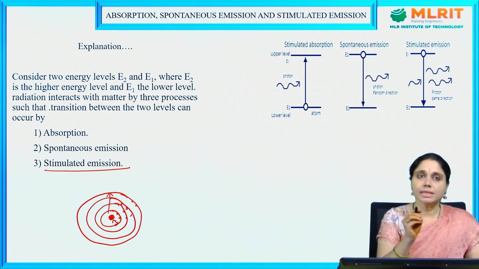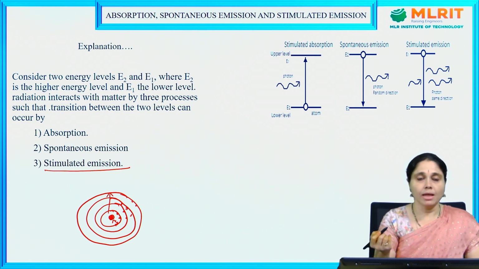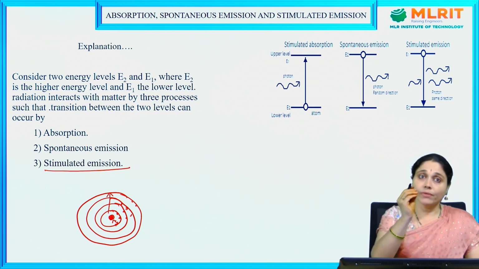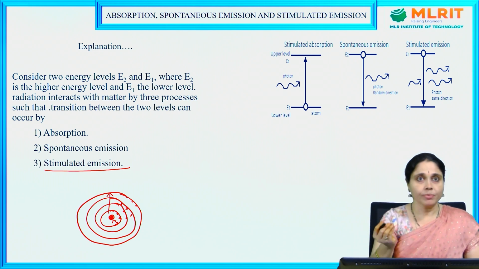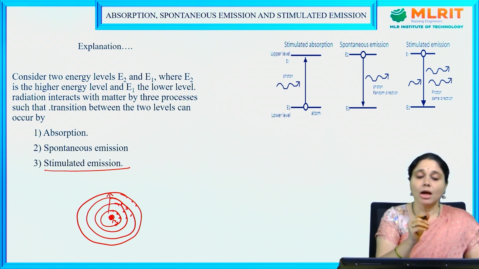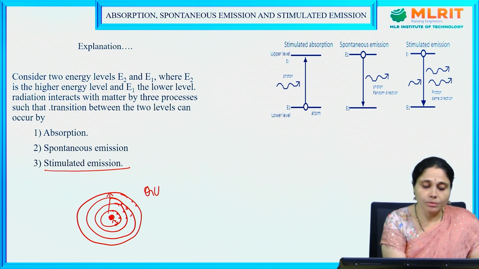If we consider any atom, it consists of a nucleus surrounded by electrons revolving in different orbitals, arranged according to the Aufbau principle. The electron moves around the nucleus and jumps from one energy state to another.